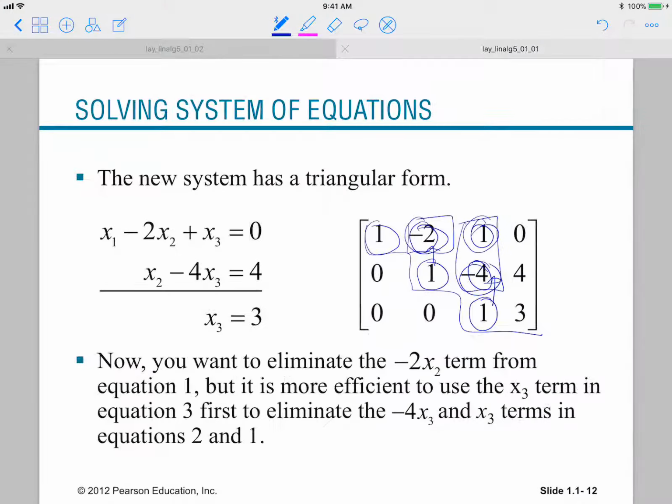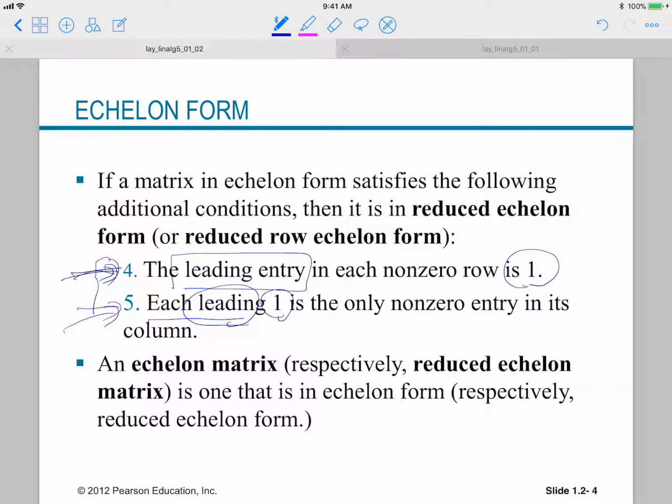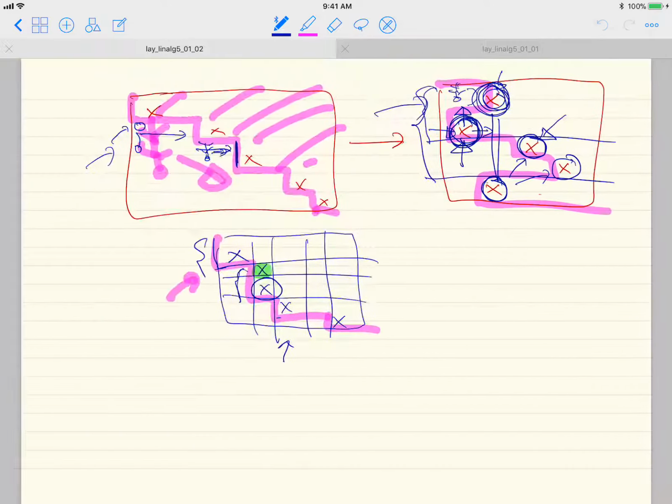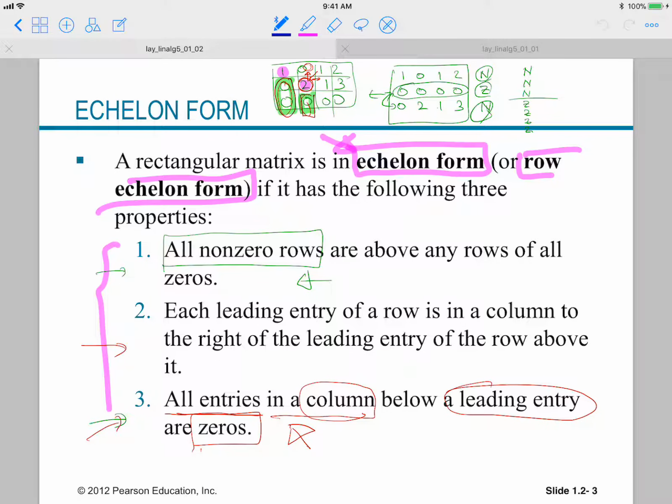Okay, so that corresponds to the fifth part, which is looking up in the above columns from each of our leading entries. And back to this echelon form, the third condition was looking at the bottom part vertically, starting from all these leading entries, and all the bottom part should be 0. Now, all the upper part should also be 0.